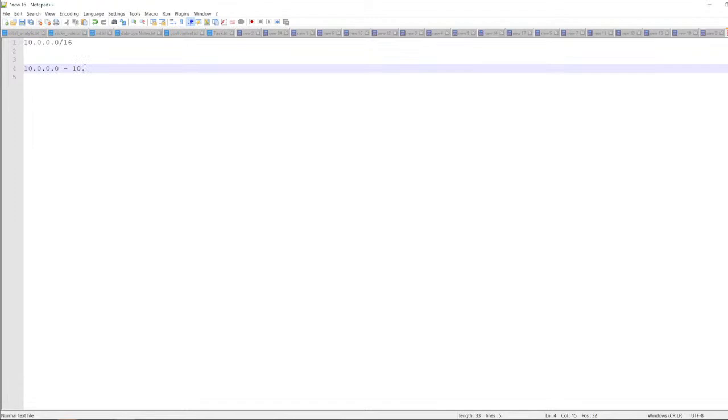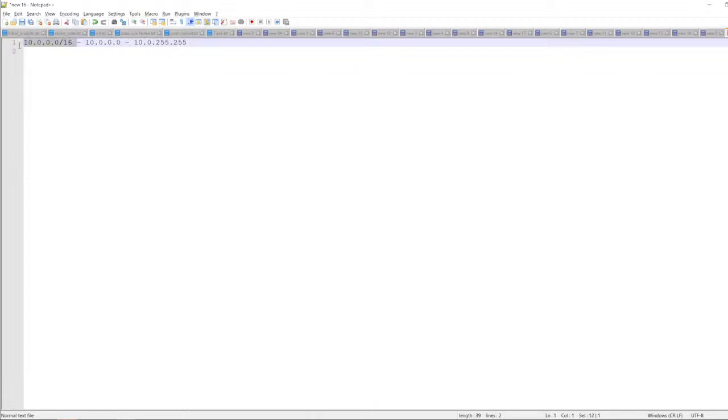It will be nearly 65,000, that is 0.255.255. This is the total IPs available in my network. This is equivalent to this, and I will explain how I derive it.